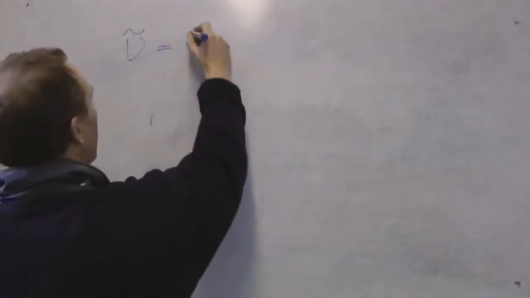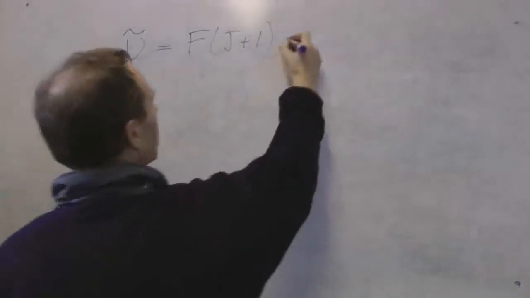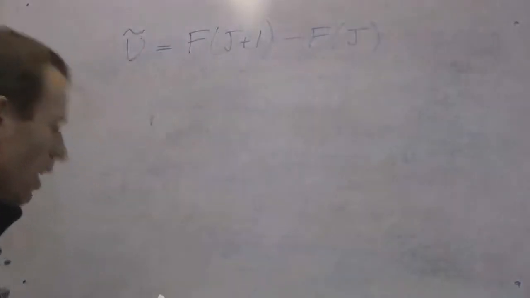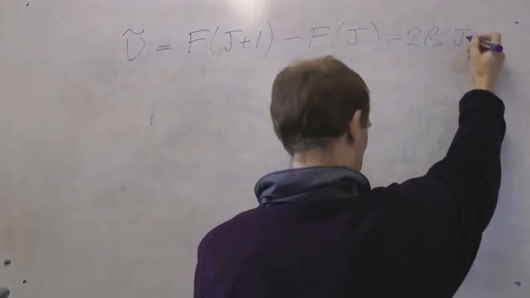Okay, the second one that I set you to do was showing that the transition wave number, nu tilde, in rotational spectroscopy in general is F, the rotational term of the upper state, J plus 1, minus F of J. And I asked you to show that this can be written in general as 2B(J plus 1).